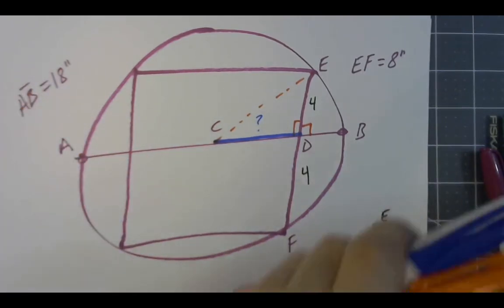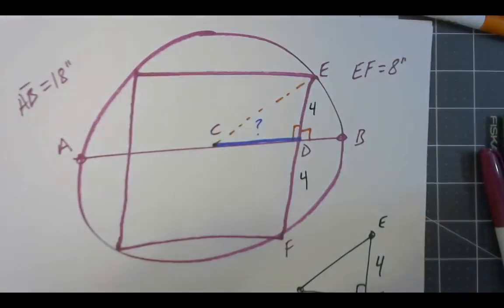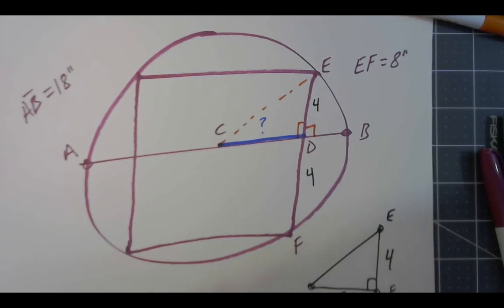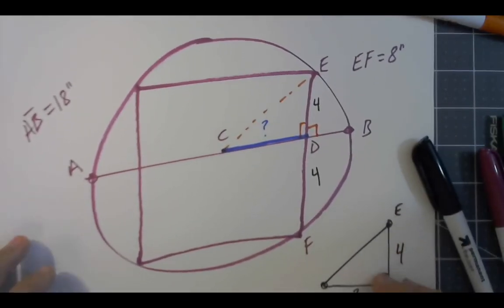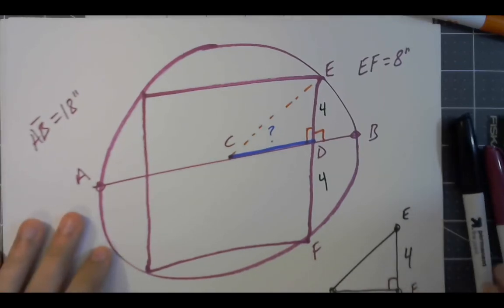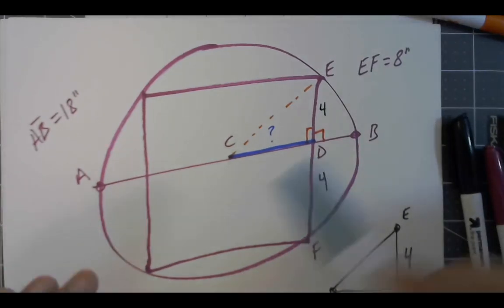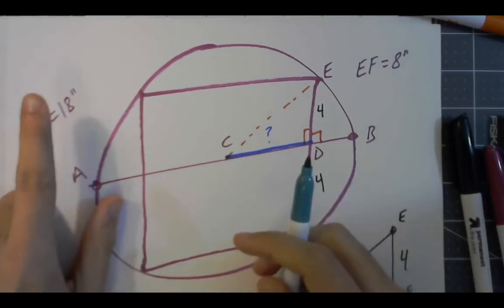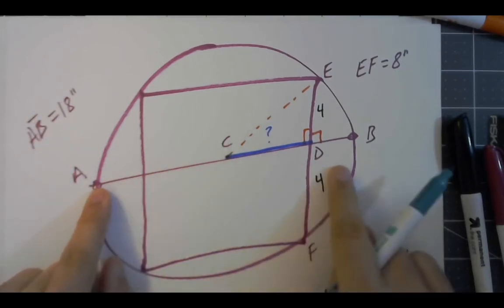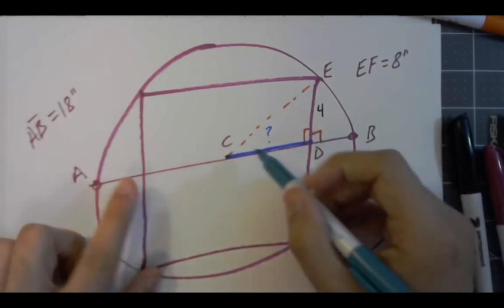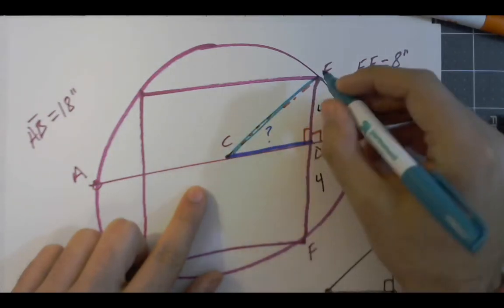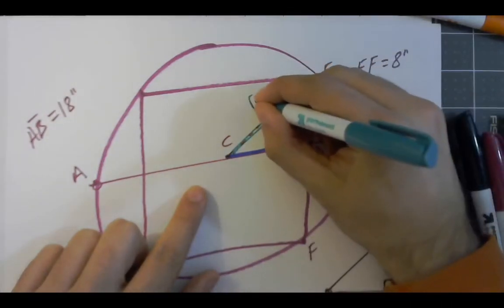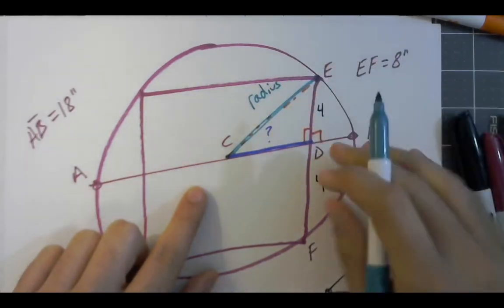So if we want to find C to E, our next step is to ask, what else? How can we figure this out? We've used most of our things, but we have not used the diameter. Why did it give us the diameter? If you see here, this right here is a radius.